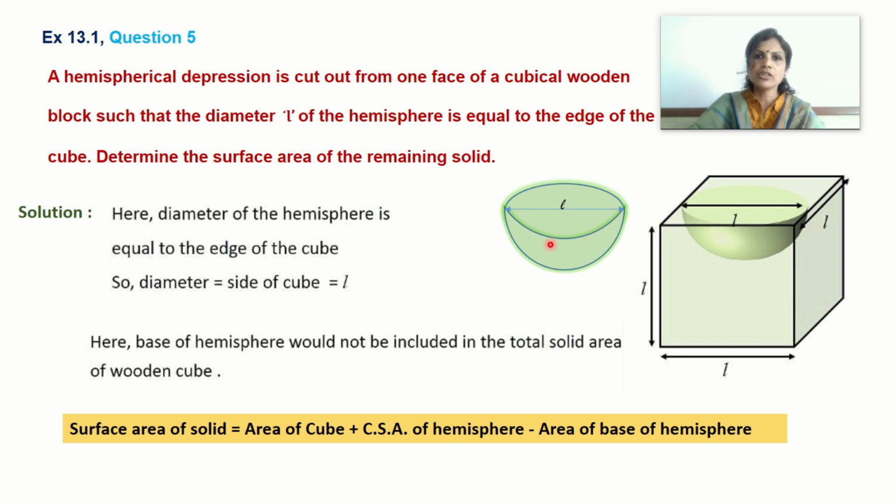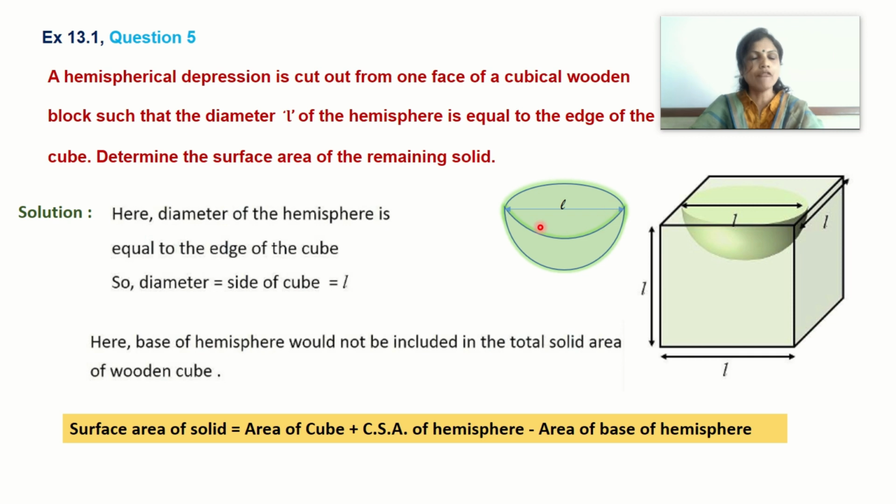Here the diameter of the hemisphere is equal to the edge of the cube. That's given to us in the sum, and therefore the diameter is equal to the side of the cube, and that is L centimeter. Now if you look at the figure, the area of the base of the hemispherical depression is not seen to us.